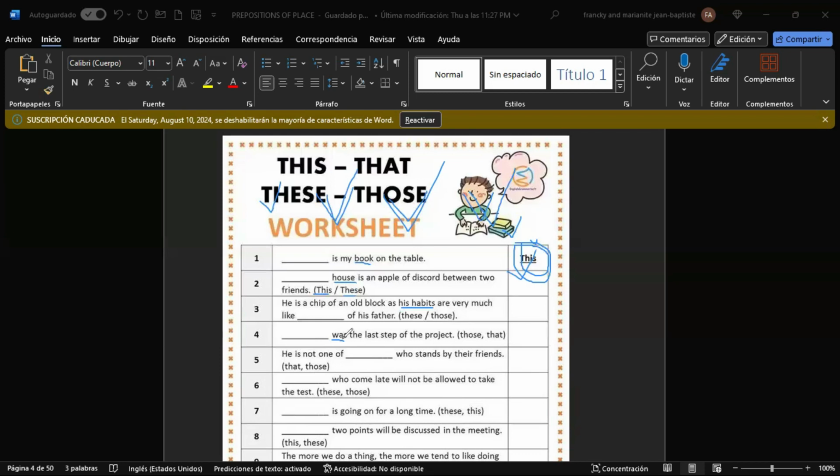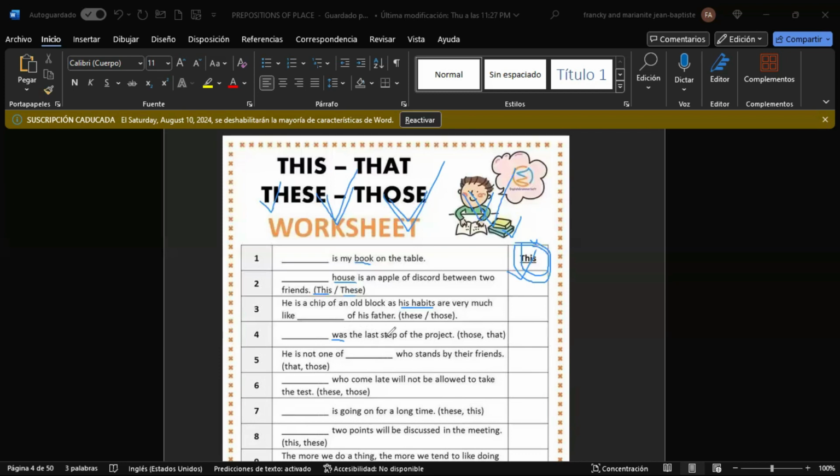I was, you were. Donc on met "that was the last step of the project". Il a parlé d'étape: last step, dernière étape du projet.